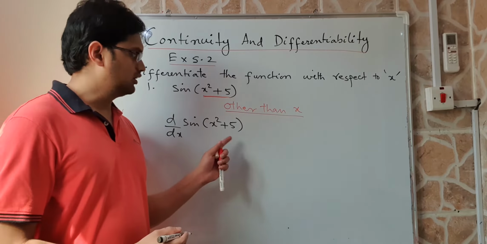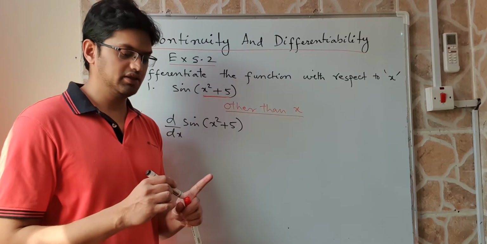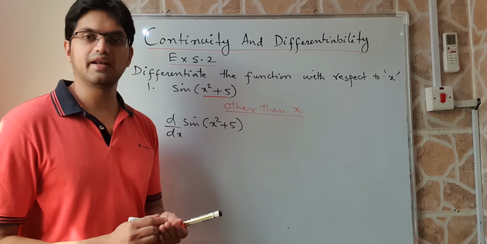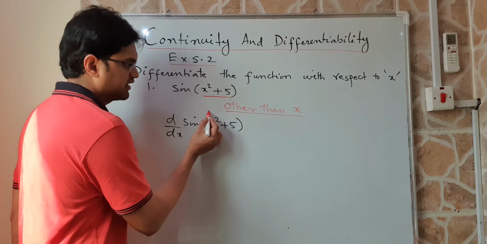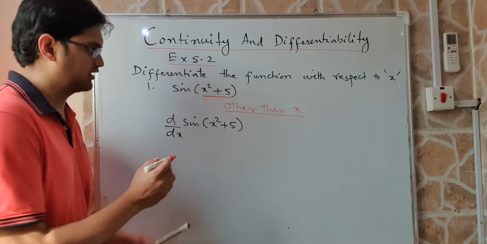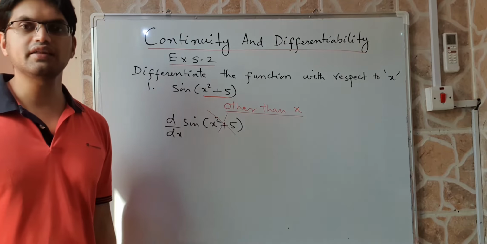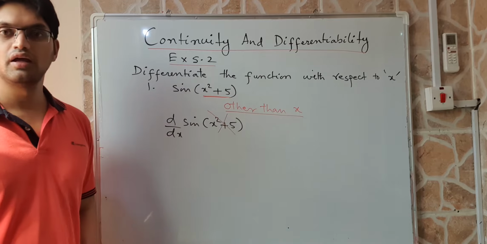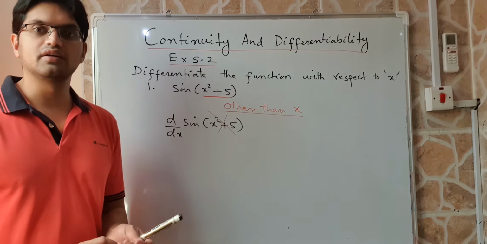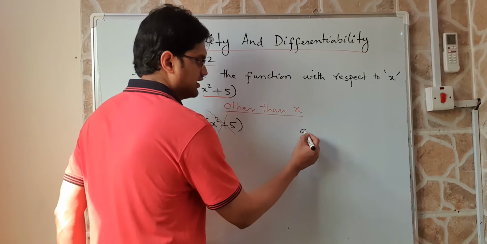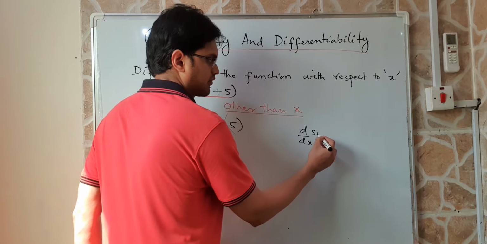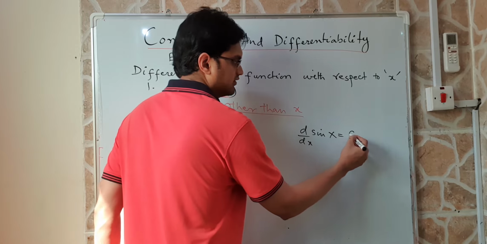First of all, let us mark the things which are not direct, which are other than x. Treat this as capital X. And as I have already listed, the derivative of sin x is cos x.